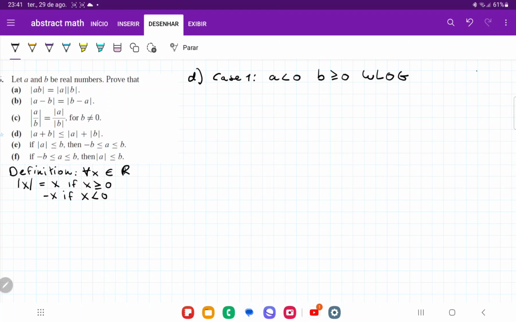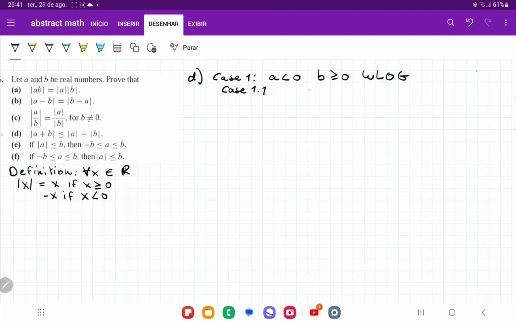Here we do need a subcase, because even though they have opposite signs, we don't know whether the sum is going to be positive or negative. It could be that A is like minus 10 and B is 1, or it could be that A is minus 1 and B is 10. So we have to find out whether the sum is positive or negative. So I'm going to put in a subcase.